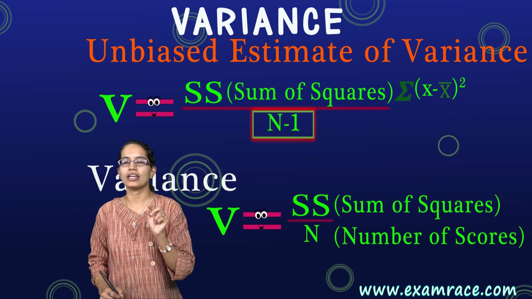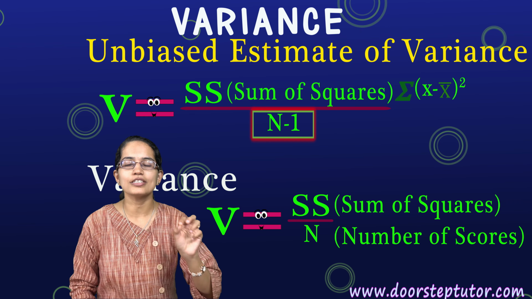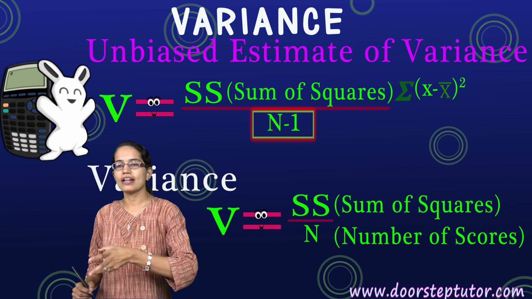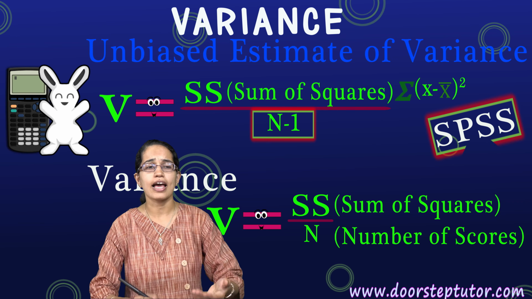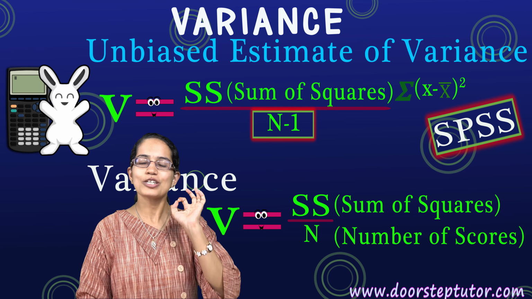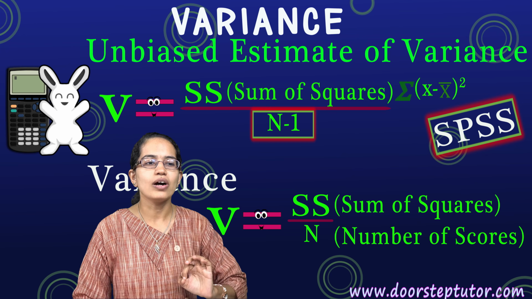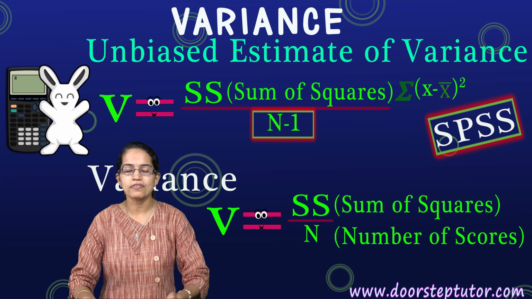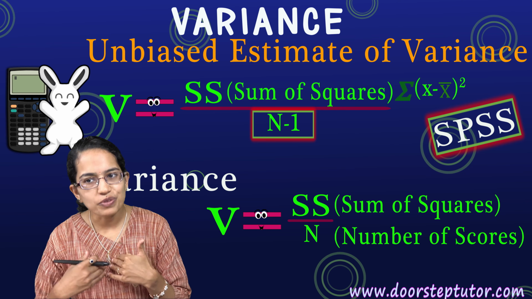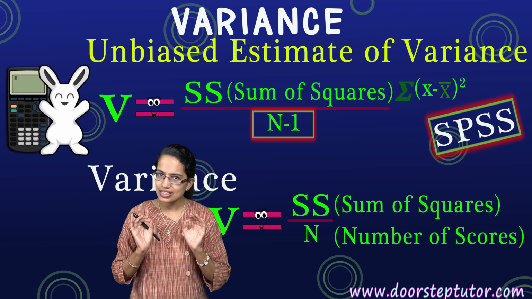A very important criterion, and this is where we have a difference in the answers. If you are using a scientific calculator or SPSS or StatLab, you would have a little variation in the answer, because these software packages use n minus 1 as the base. However, when we do the calculation, we use n.